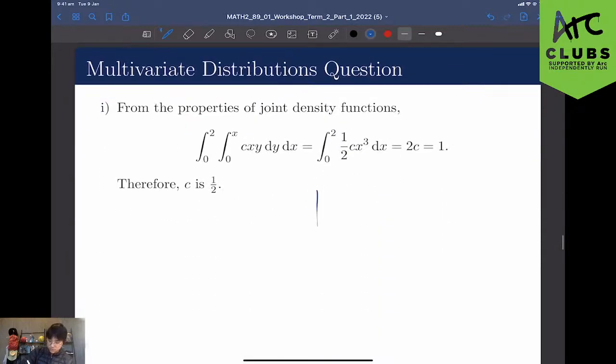I'll just redraw the interval. Here we have this line y equals x. With double integration, it's like integrating an integral.